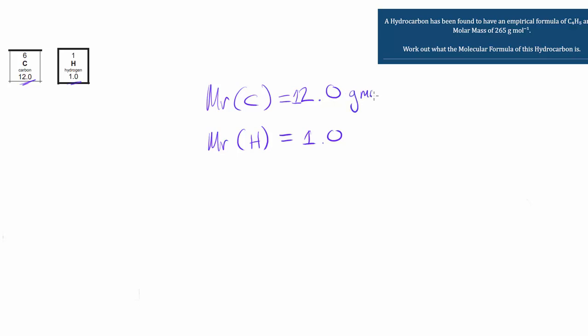So I'm simply going to say, therefore, the Mr of carbon is equal to 12.0, and the Mr of hydrogen is equal to 1.0, right? First of all, I'm going to add the units. That's going to be grams per mole, right? In both cases.